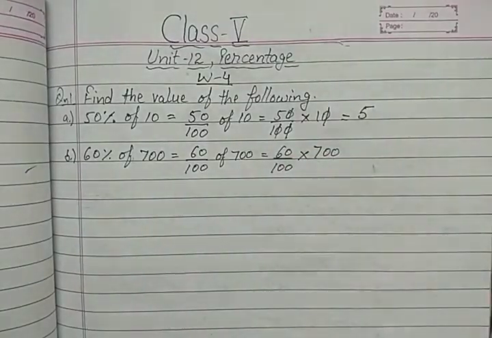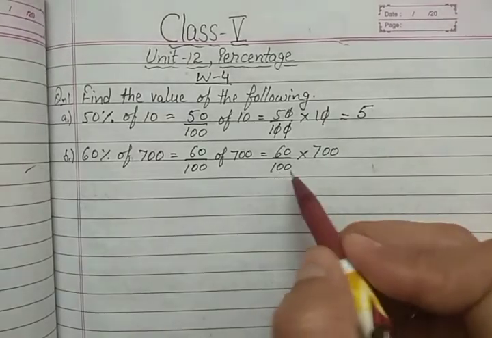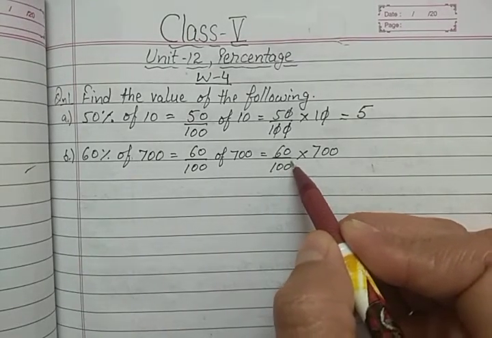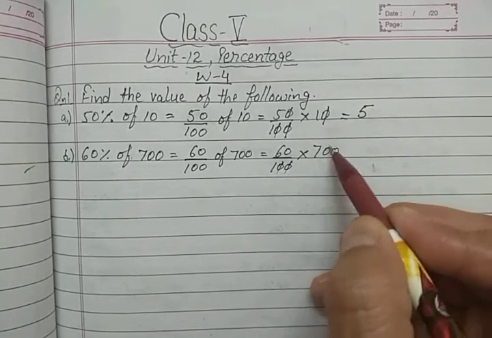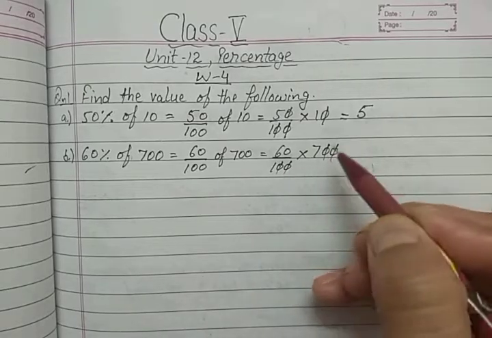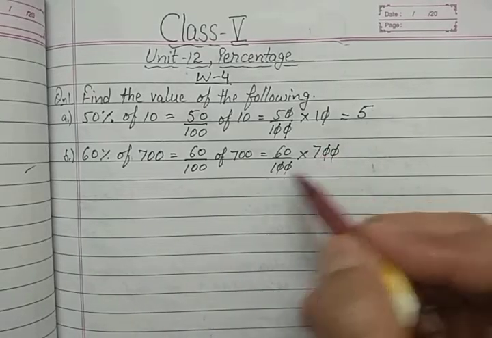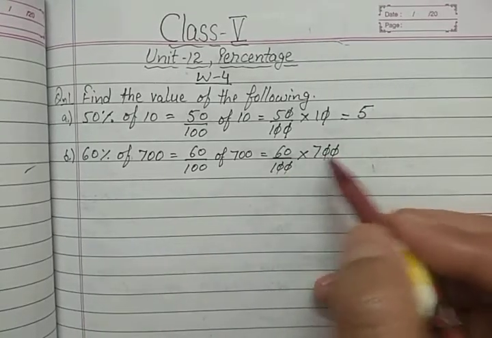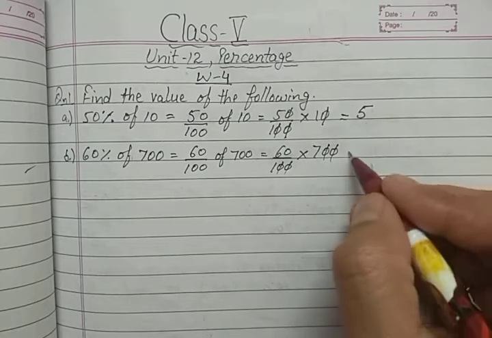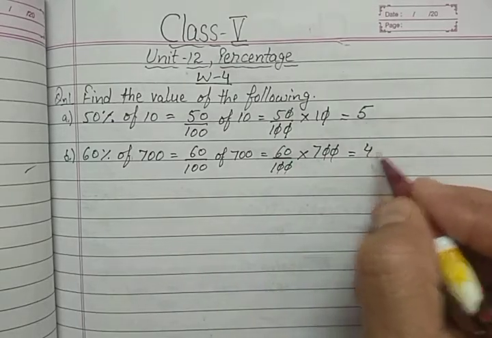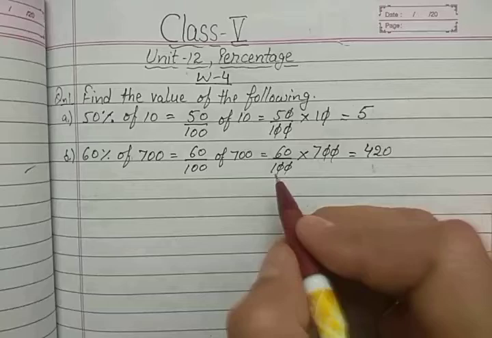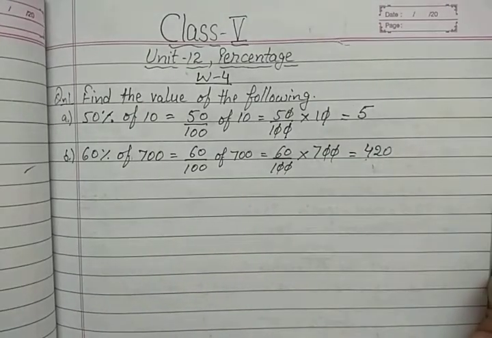Solve it. So again we will cut the zeros first, or you can say 100 7 is 700, or zeros cut करेंगे then also answer will be same. Now multiply the numerators. 6 7s are 42 and 0, 420. Denominator mein again 1, so there is no need to write 1.